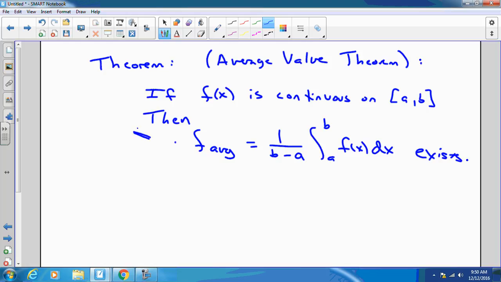The average value exists. This part I'm not really going to prove here. It depends upon the idea that you can integrate any continuous function. And that proof is beyond the scope of this course, but intuitively it makes a whole lot of sense that if my function is continuous, I should be able to bound its area with a max times a minus b and a min times a minus b.